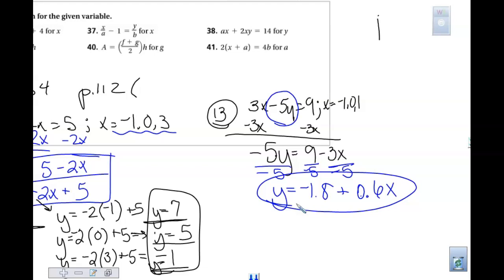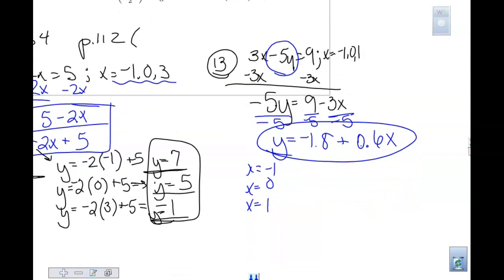What are we plugging in for our x values this time? Negative 1, 0, 1. Okay? So if we are going to start out, Marissa, what are we going to have for the first one that you would be writing down? Y equals negative 1.8 multiplied by negative 1 plus 6.